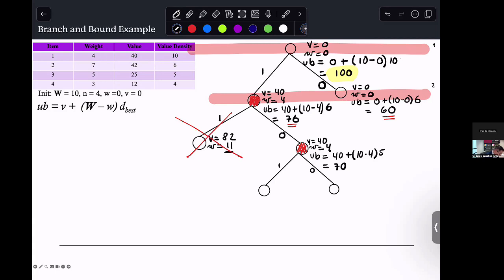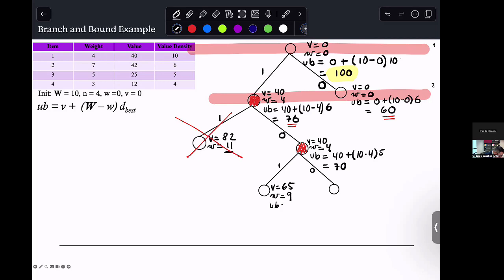So here, if I choose it, B is going to be 40 plus 25, which is 65. The weight is going to be 4 plus 5 is going to be 9.